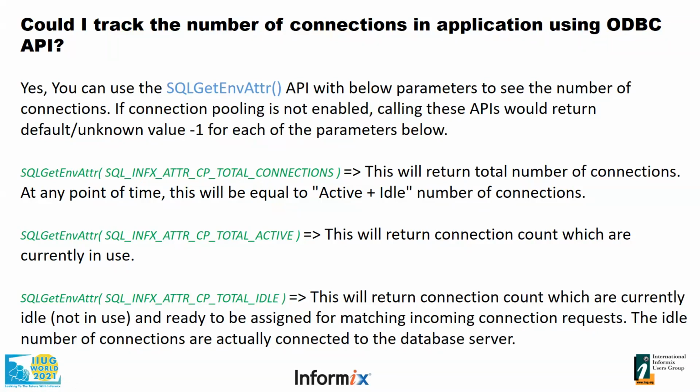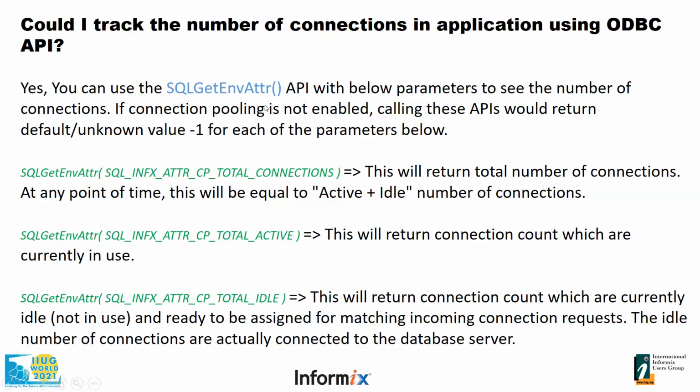If you pass CP_TOTAL_ACTIVE, it will give you a count of how many connections are active. And CP_TOTAL_IDLE will return the count of connections which are currently idle in state.